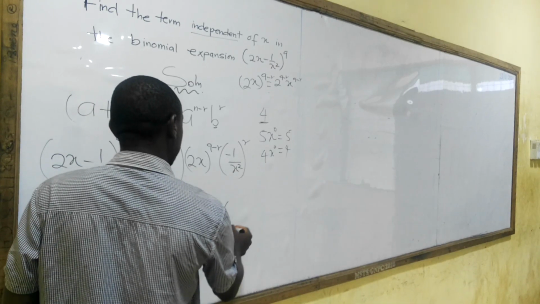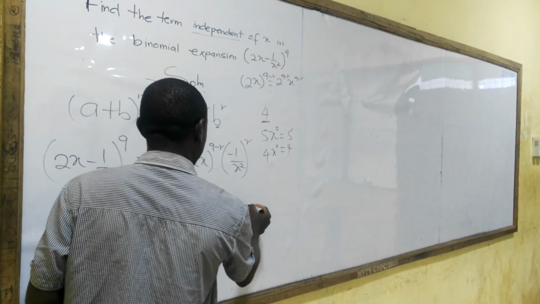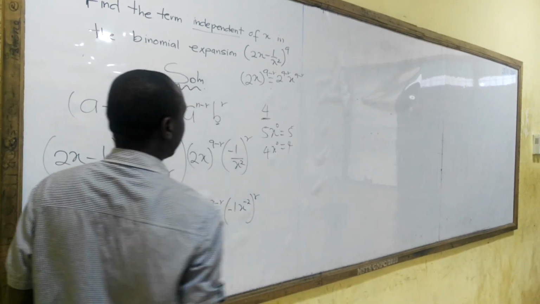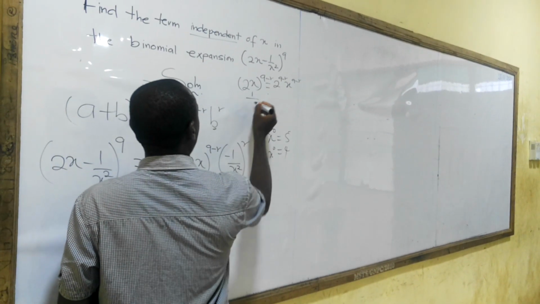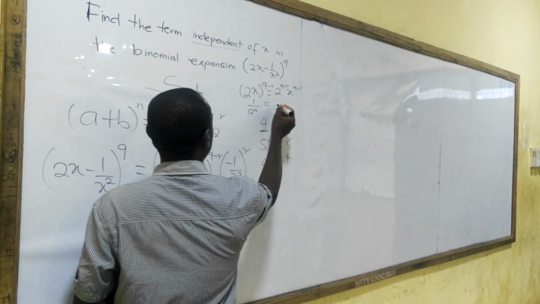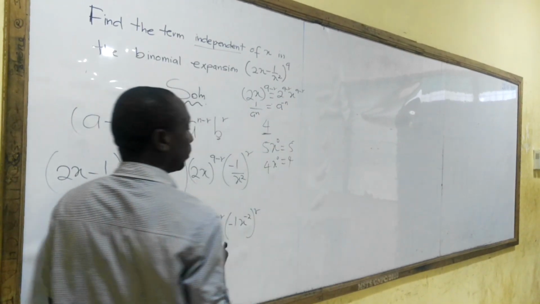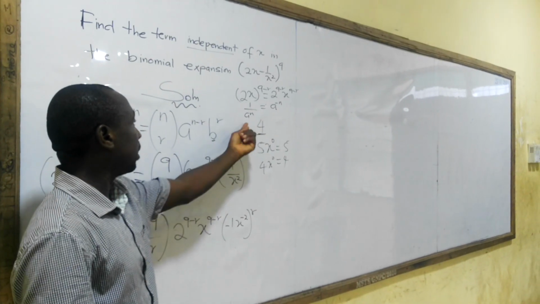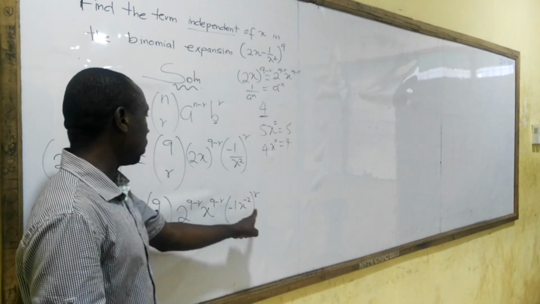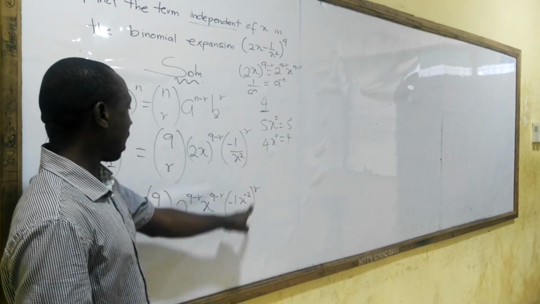Then this one also becomes negative 1 times x to the power negative 2, all to the power r. Again, in indices, if I have 1 over a to the power n, this becomes a to the power minus n. That is, if a to the power n moves to the numerator, then the power n changes to negative. So here, the power which is 2 becomes negative.